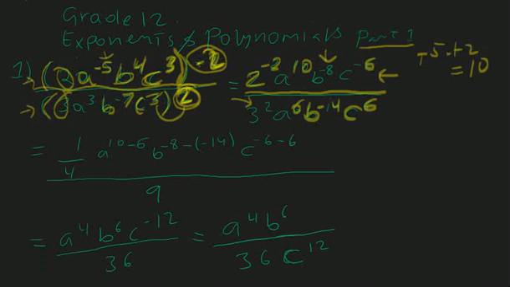Now we have to complete the work, and so 2 to the -2 is equal to -2 times -2, which is positive. So we have here a 4 positive, but what we can do here is we can rewrite this, which is the same as 1 over 2 to the power of 2.